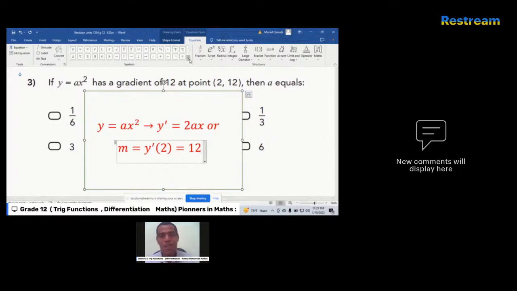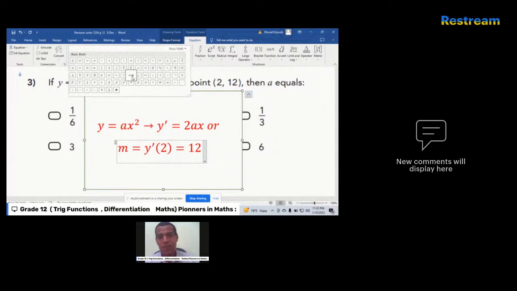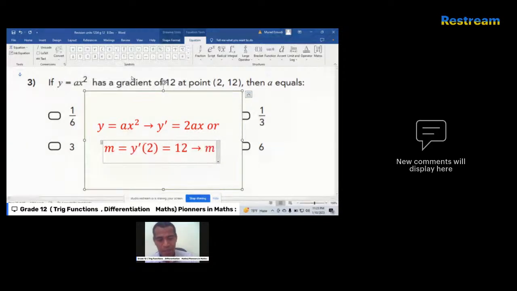Now that's substitution. This will give me exactly m equals 2 times 2 times a times 2, because you are going to replace x with 2. So 2 by 2 is 4, 4a. Therefore I will write 4a is equal to 12, the gradient is 12.